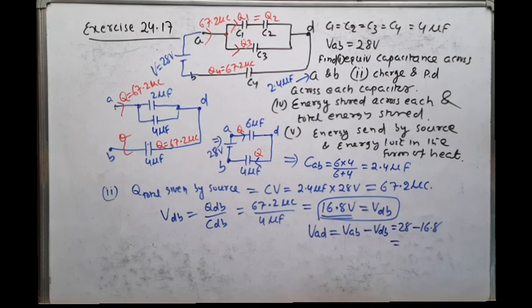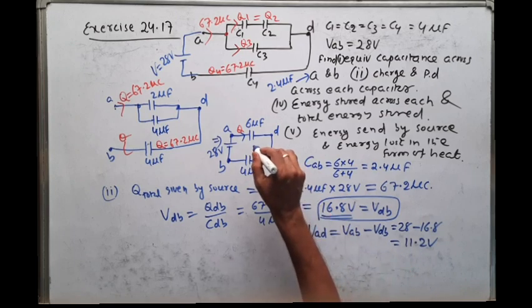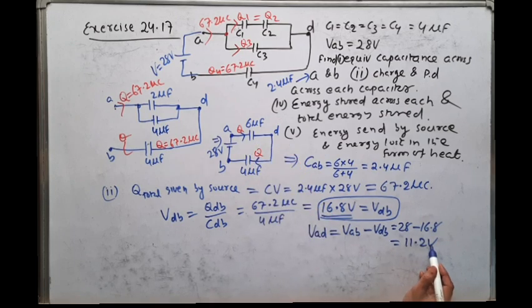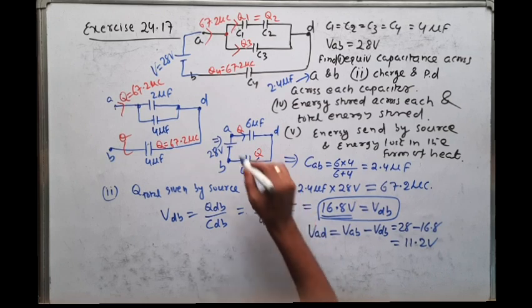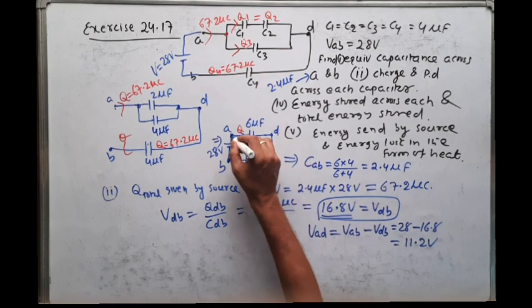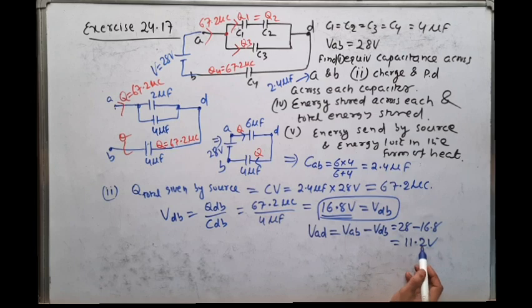So if you calculate, it will come 11.2 volt. Okay. So this 11.2 volt is the voltage across A and D.